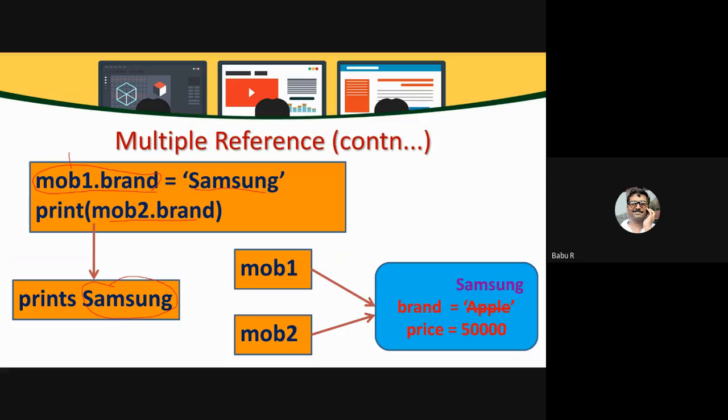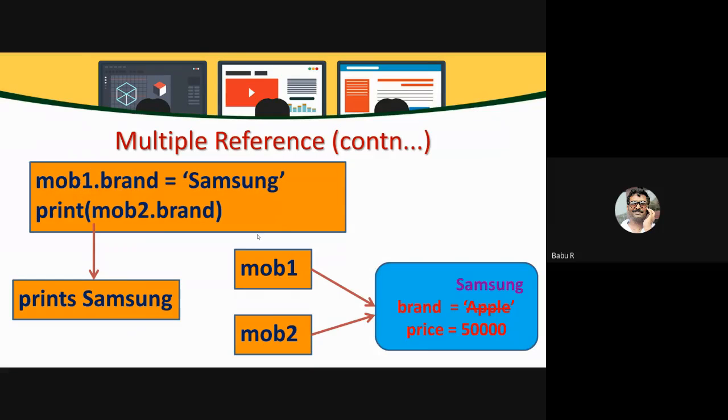Why is this happening? As both mobile one and mobile two reference variables are referring to the same object, if I make any change through one reference variable, that will be reflected in the other. I'm repeating.